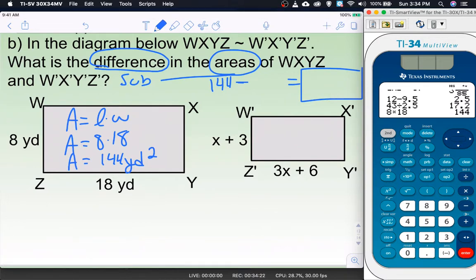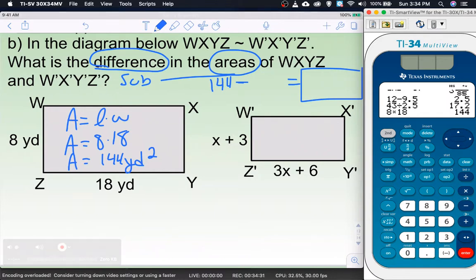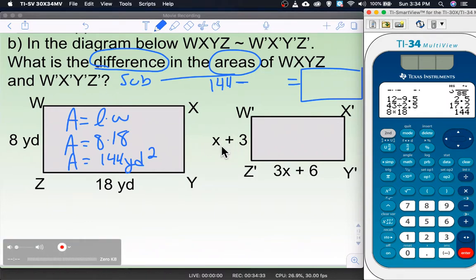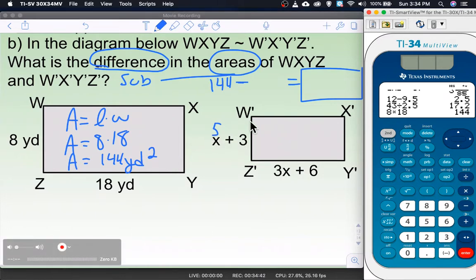So what we'd like to do is find out what this x is, then we could figure out how big this side is. For example, if we solved and found x is 5, I'm playing pretend here, then this side would be 8, because 5 plus 3 is 8.